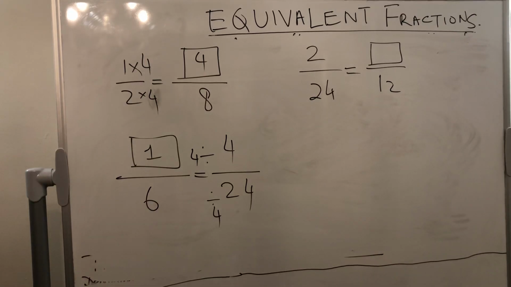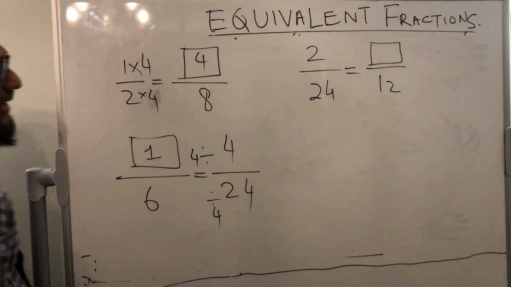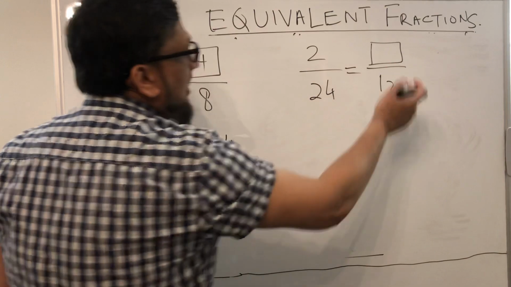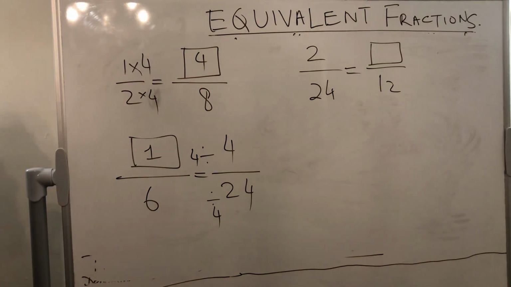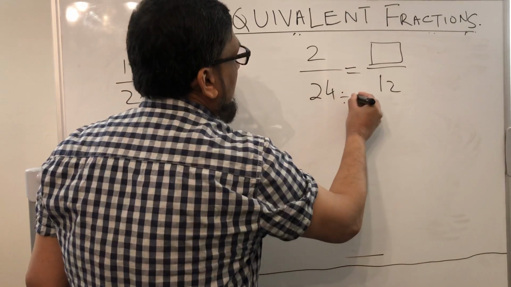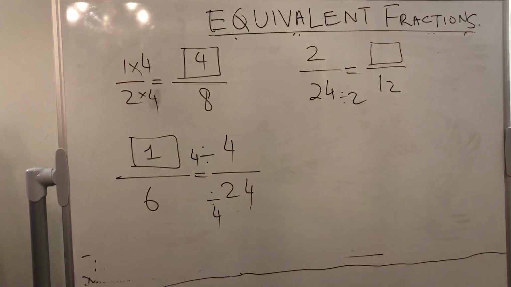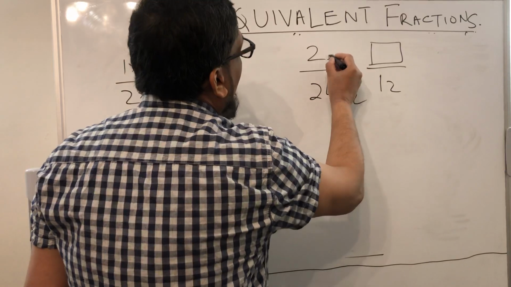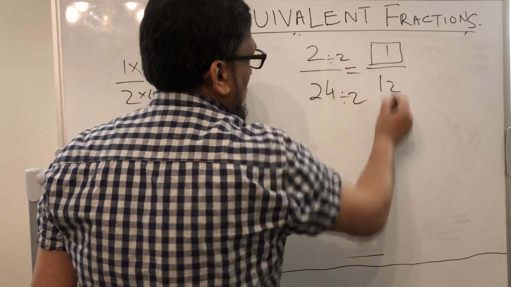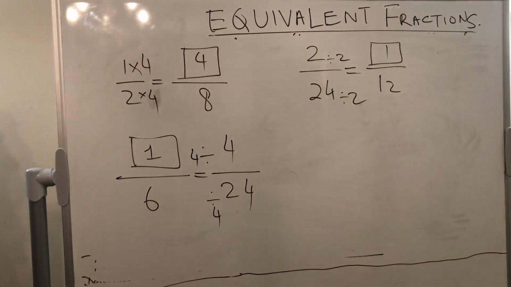What number do we need to divide by to get the answer 2? 24 divided by 2 gives you 12. Same as you need to divide the top by 2, so you will get the answer 1.